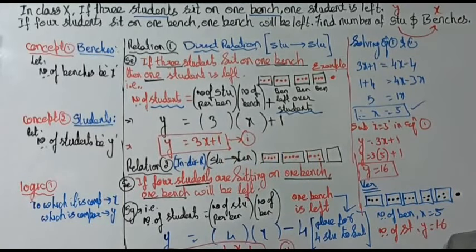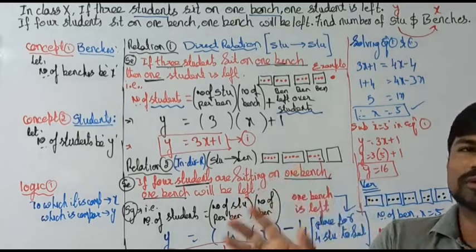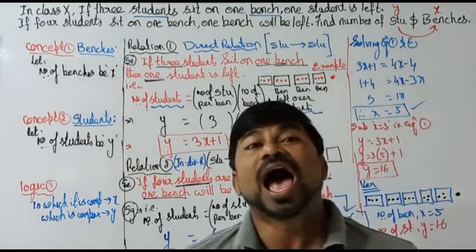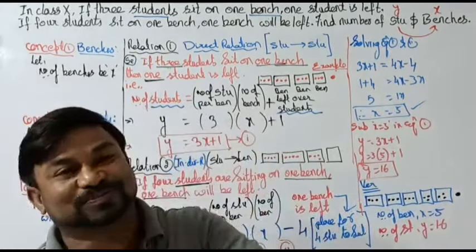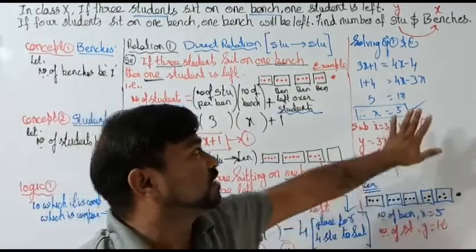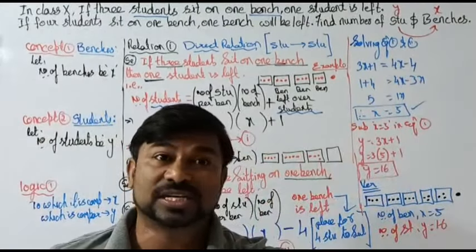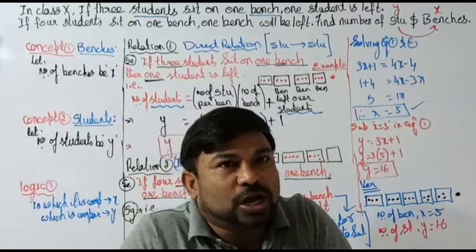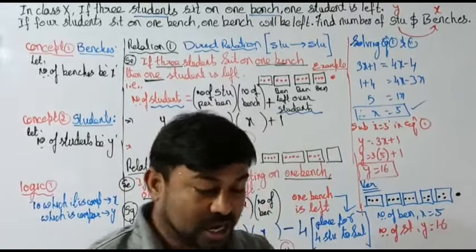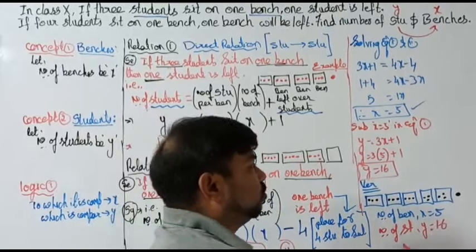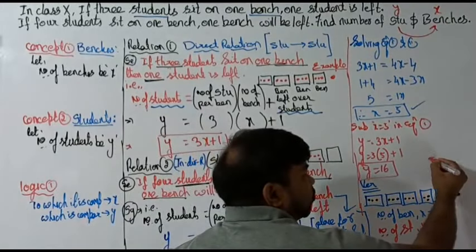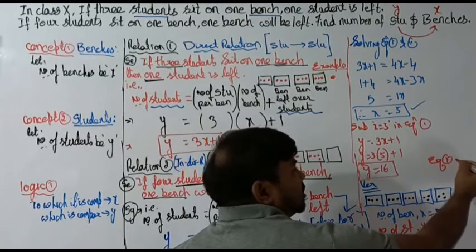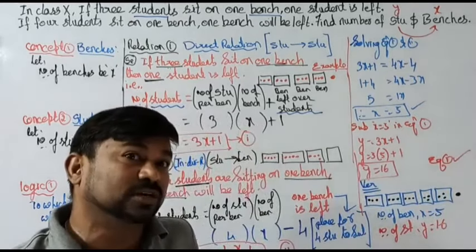Relation 1 is correct. I don't want to be satisfied with relation 1 itself. I would like to check the second relation also. The number of students and number of benches doesn't change, x is 5, but how they are sitting matters. Equation 1 is satisfied.